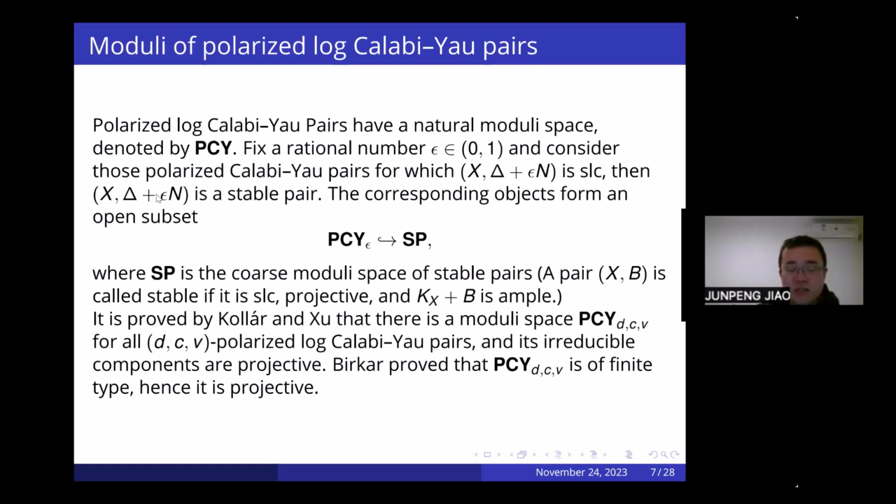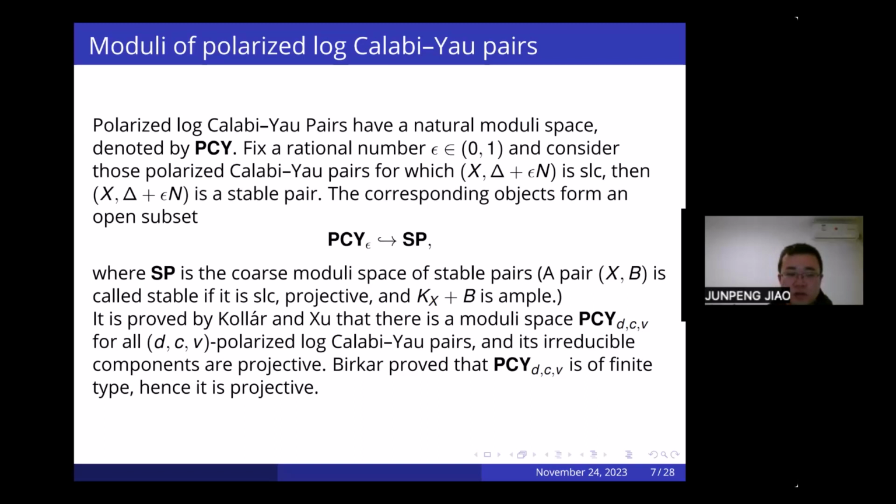Because we can add a very small polarization to make it stable, we have a natural embedding from the moduli space of polarized Calabi pairs to the moduli space of stable pairs. It is also known as the KSBA moduli space.